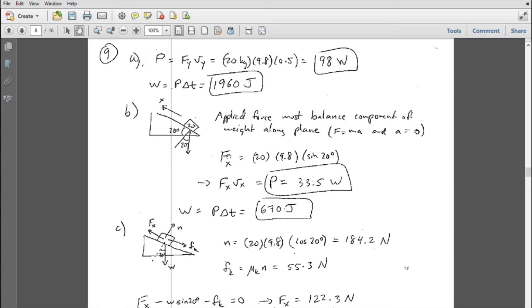We're moving it up at constant speed. And therefore, here's the Fx that we need to apply. I didn't write down the intermediate steps there, but that's the Fx you need to apply. And then we know the vx that we're doing, so we use the power as Fx vx, 33.5 watts. And then the work done in 20 seconds, we just multiply by the 20 seconds.